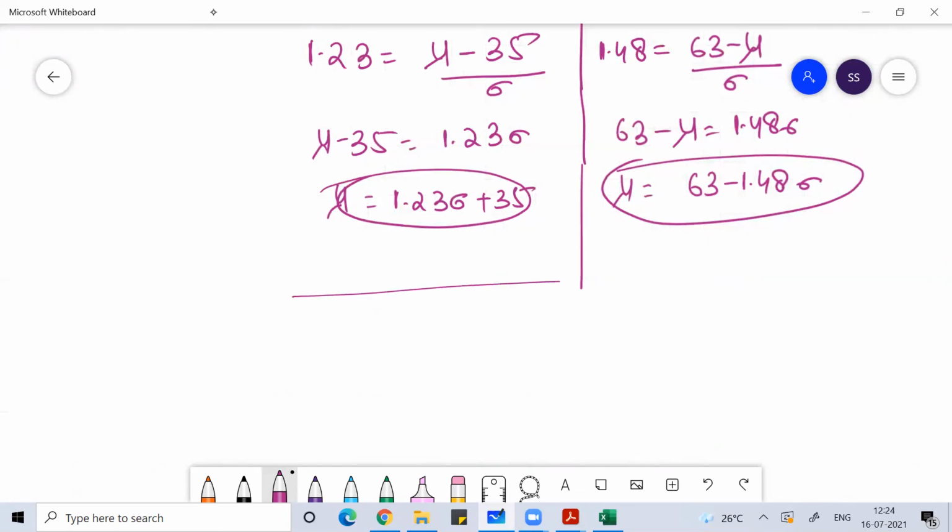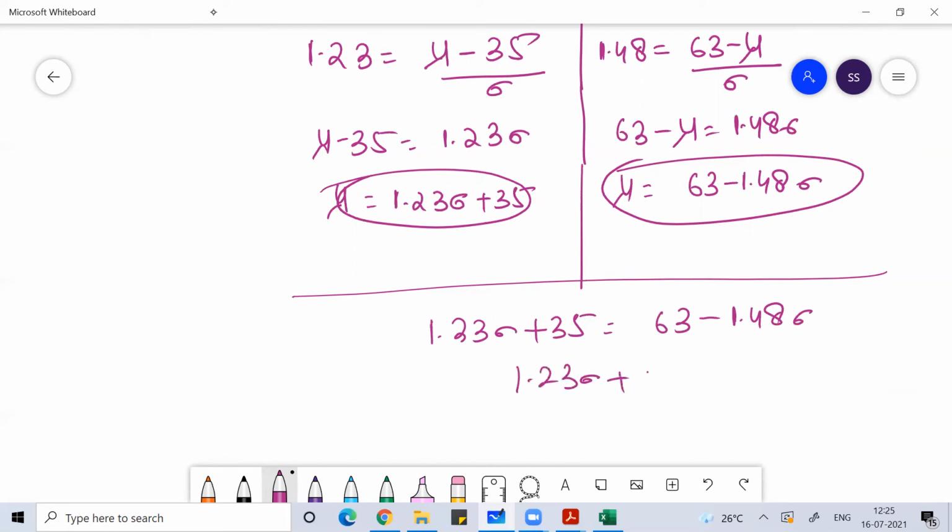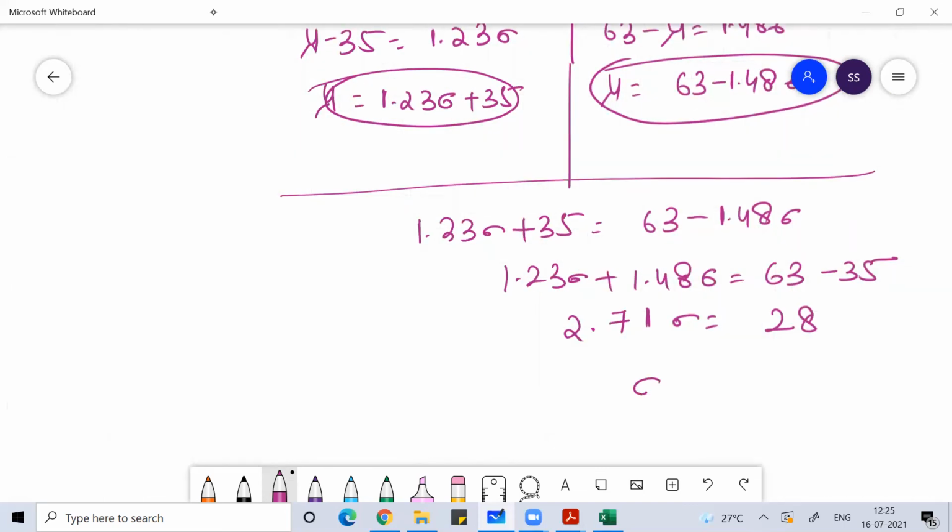Equating the mu, 1.23 sigma plus 35 is equal to 63 minus 1.48 sigma. So 1.23 sigma plus 1.48 sigma equals 63 minus 35, which gives 2.71 sigma equal to 28. So sigma is equal to 28 by 2.7.